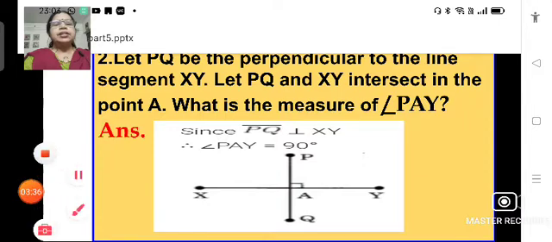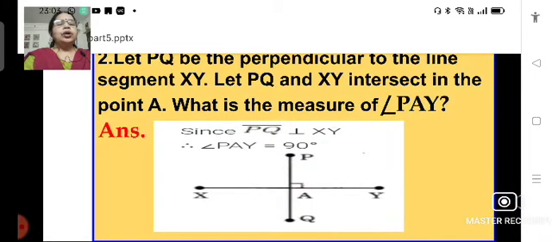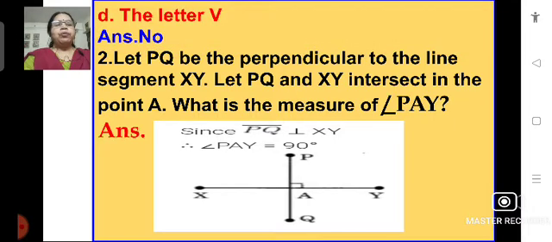Now children, since PQ is perpendicular to XY, the measure of this angle will be 90 degrees. So the measure of the angle PAY will be 90 degrees.